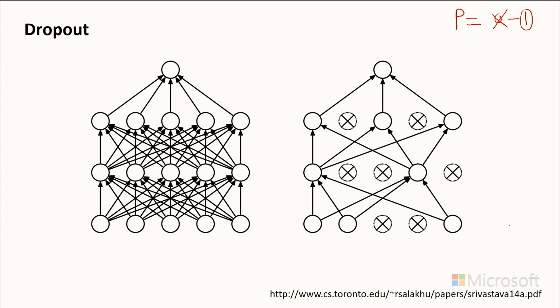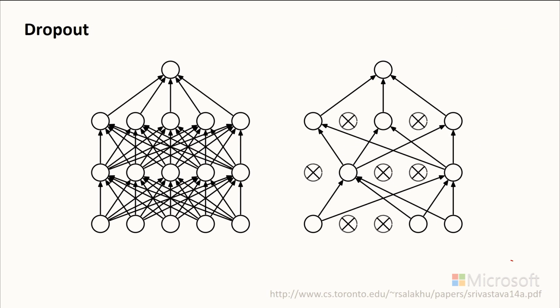That means the probability would be 0.5. If I take this node and I am not going to update it with a probability of P, those weights aren't going to get updated for that particular iteration when it is not chosen. So in this iteration it is chosen, but in this iteration this one is not chosen.